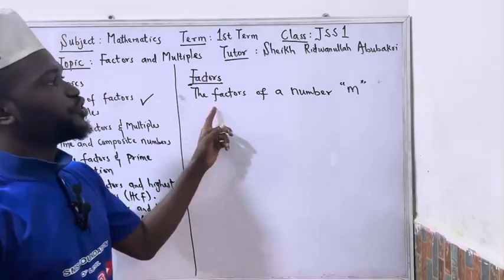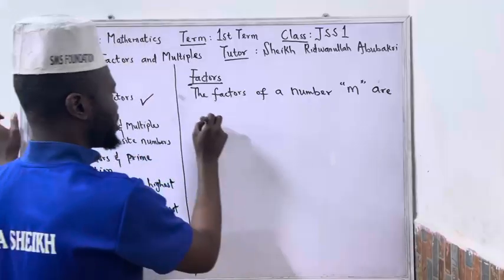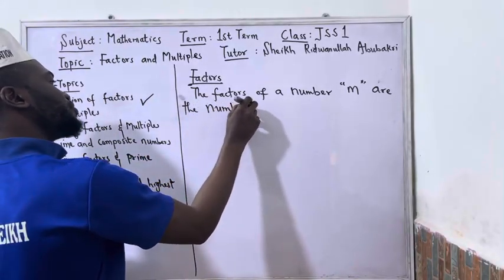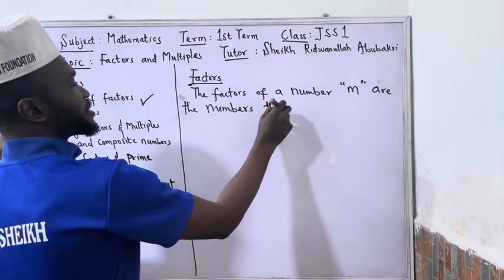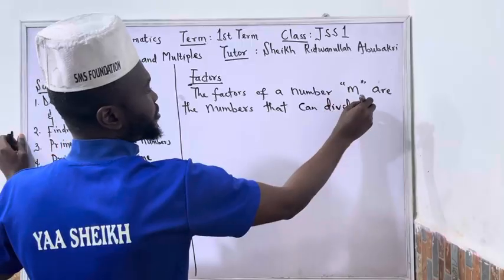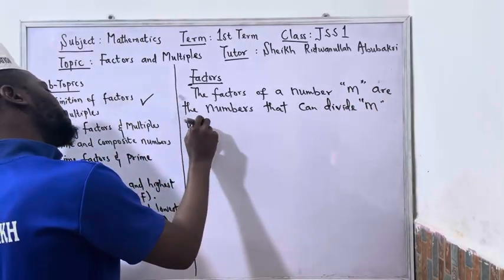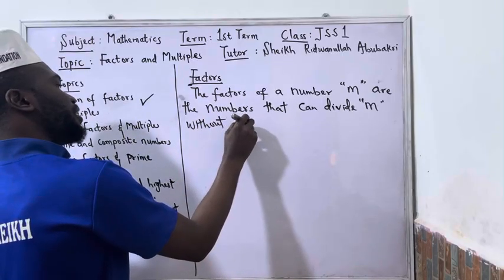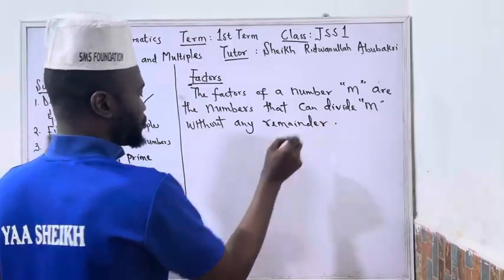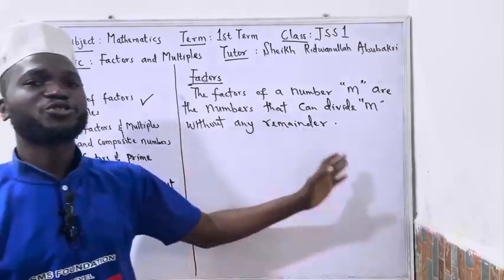So the factors of a number M are the numbers that can divide M without any remainder. So any number that can divide M without any remainder are the factors of M.